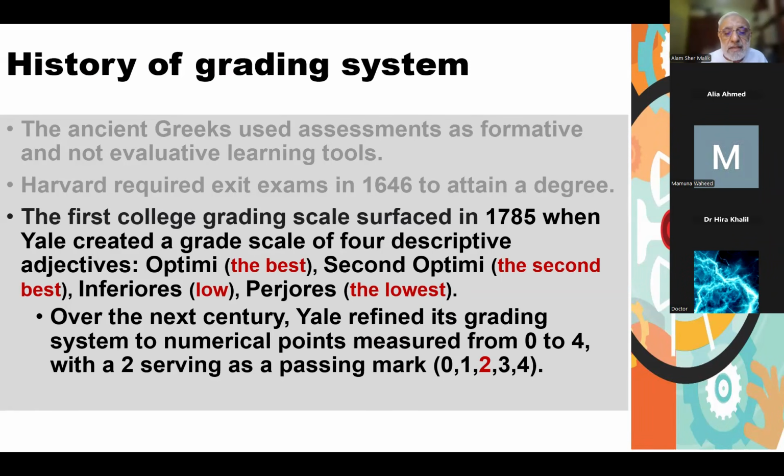Over the next century, Yale refined its grading system to numerical points from 0 to 4, with 2 serving as the passing mark. That's where the 50% came from. There were 5 grades from 0 to 4, and in the middle they decided to put the pass mark.